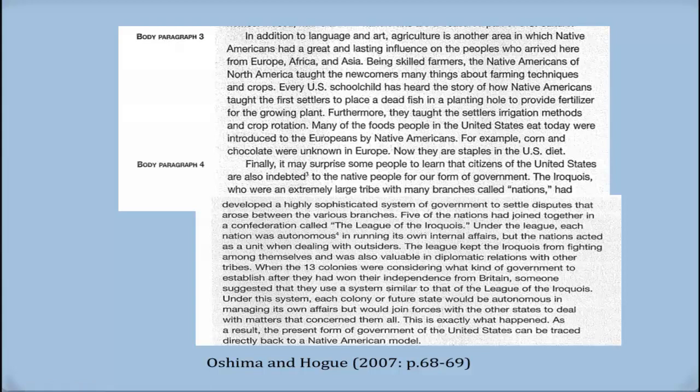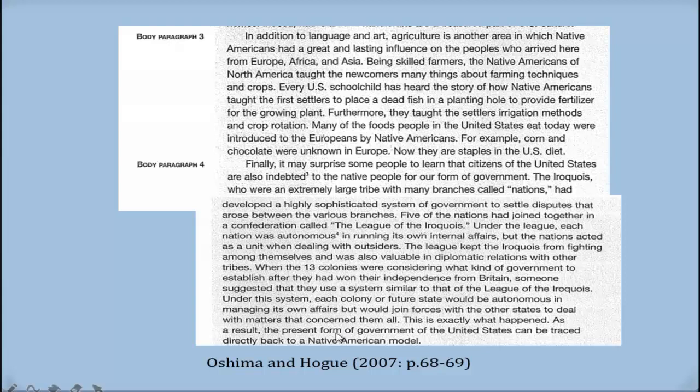So this paragraph will talk about the influence of the Native American peoples on U.S. culture, right?